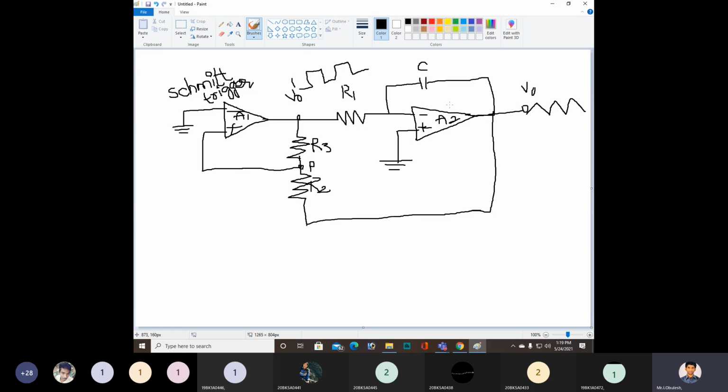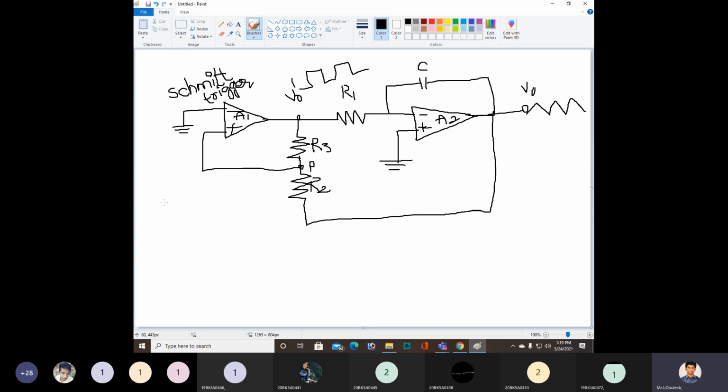So we are eliminating those components. Then we are designing the triangular waveform generator with a less number of components. So here we are using Schmitt trigger. Schmitt trigger output is connecting to the input of A2.